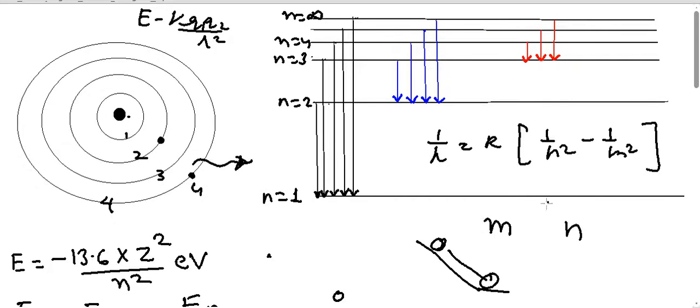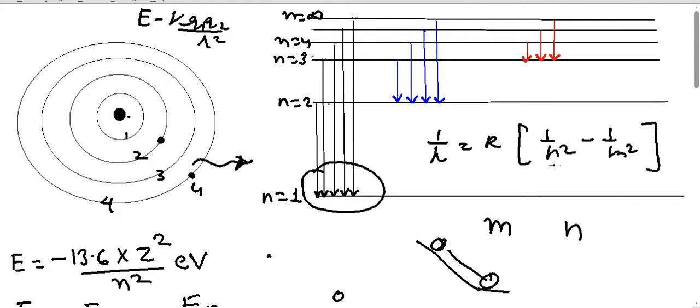See here, in this series all the photons are emitted because of a jump of an electron from n is equal to 2 to n is equal to 1, or n is equal to 3 to n is equal to 1, or n is equal to 4 to n is equal to 1. So this series of photons is generated by the jump of an electron to n is equal to 1.